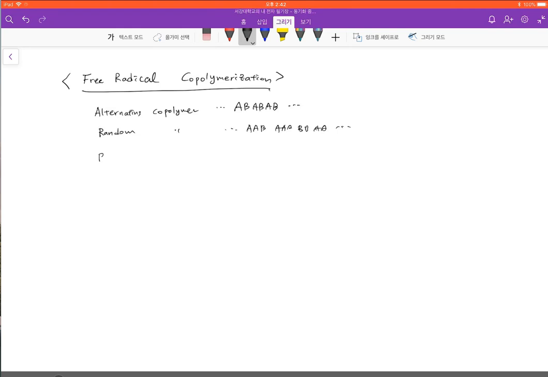There is random copolymer, basically the random arrangement, AAB, AAA, BBAA, something like that. There's also block copolymer, basically AAABBBAAA, something like that. Also graft copolymer, so basically A with some branch, right?